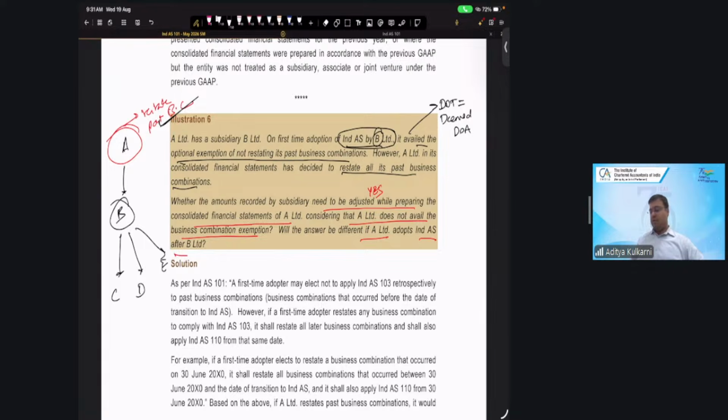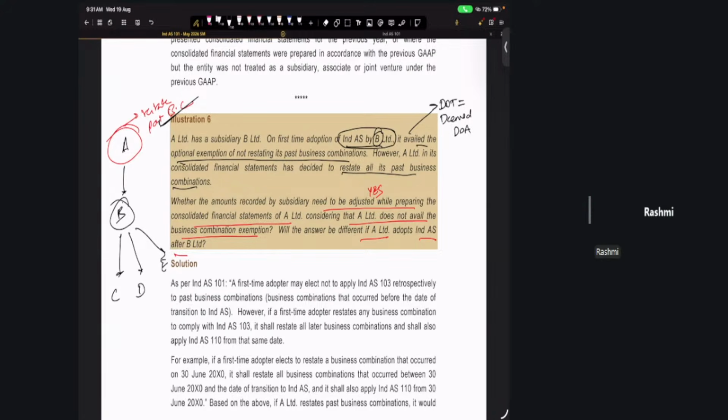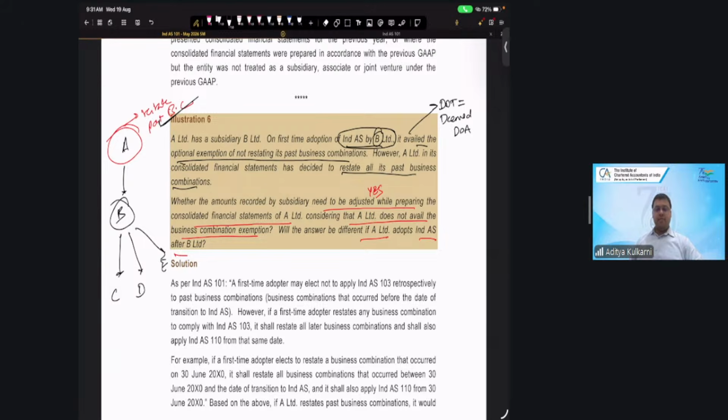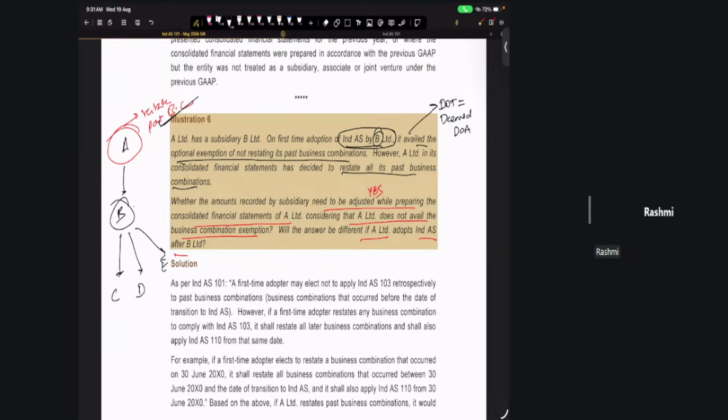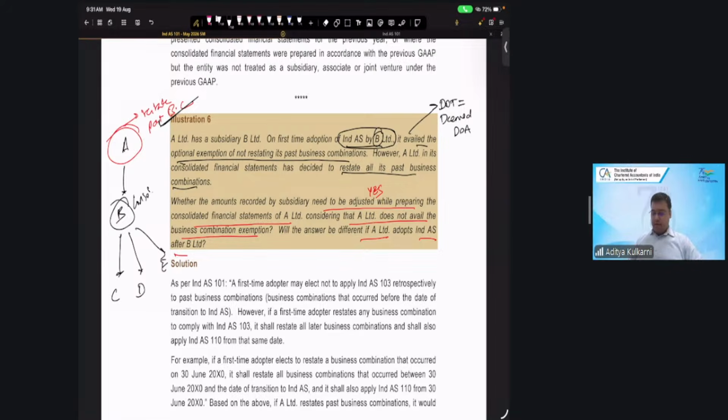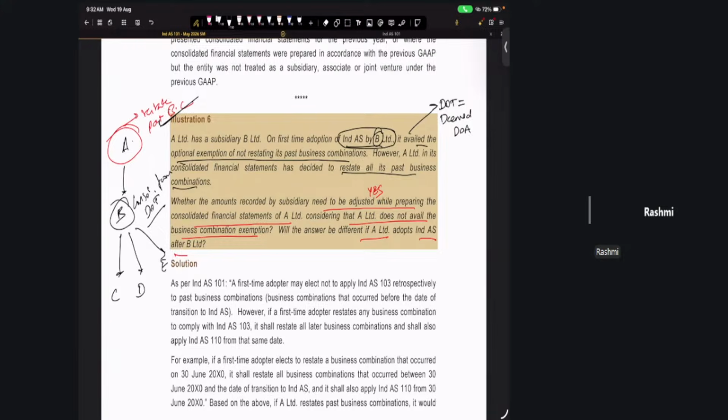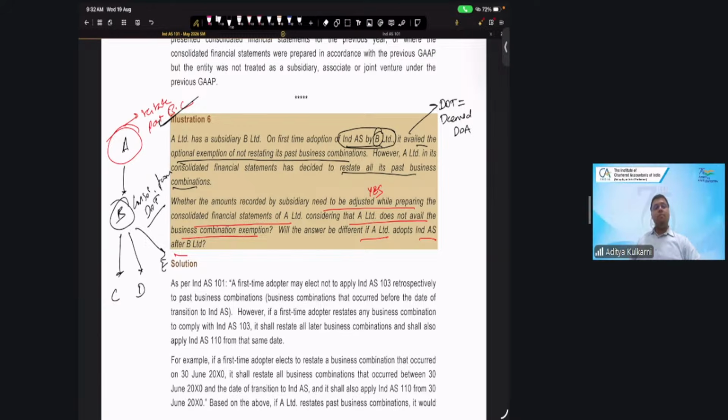tell me. First one. B Limited is having subsidiaries C, D, and E. Just an example. Yes, sir. So B is saying, I will not do a retrospective restatement. That means B wants to consolidate from the date of transition. Yes, sir. But A Limited wants to restate all past business combinations.